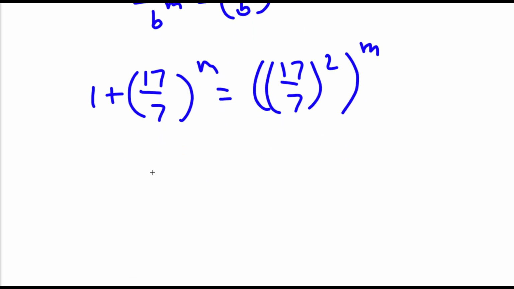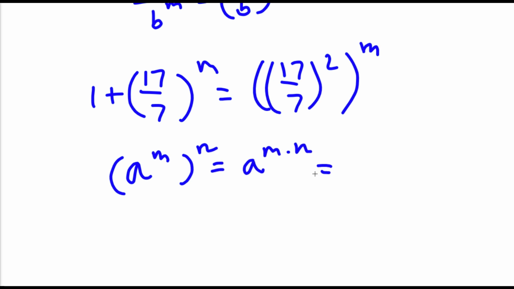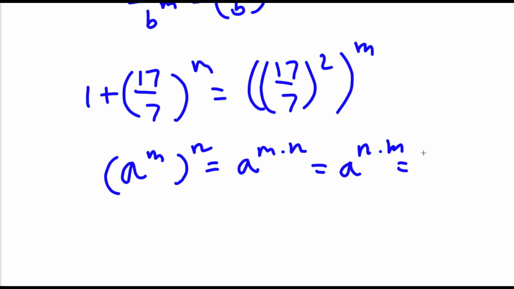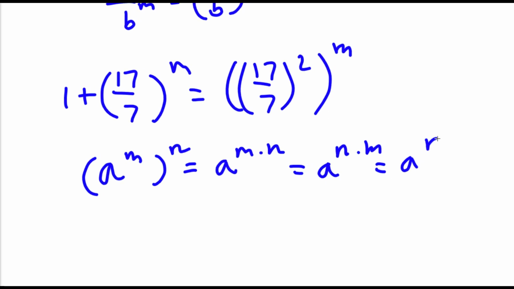Now, if I have something in the form a to the power of m to the power of n, this is equal to a to the power of m times n, right? And m times n and n times m are interchangeable, meaning I could rewrite this as a to the power of n times m. And this means that this is equal to a to the power of n to the power of m.